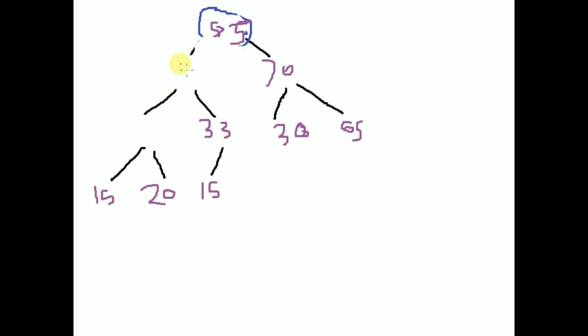So then 55 will come here and 22 will come here. Now all the other elements are in place. They follow the max heap property, and this is my new tree.